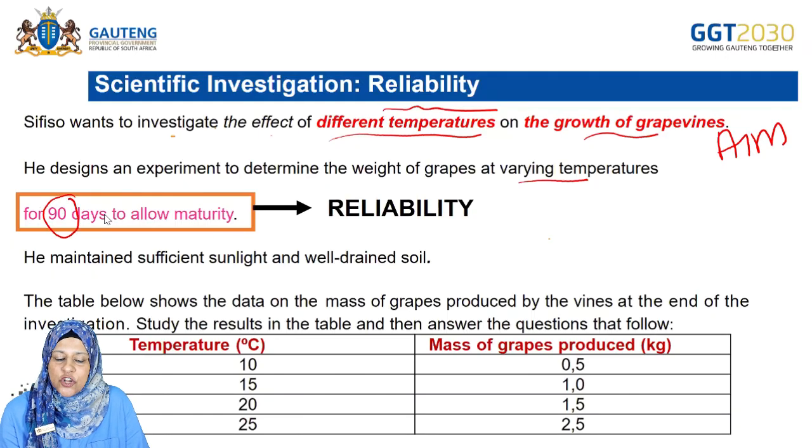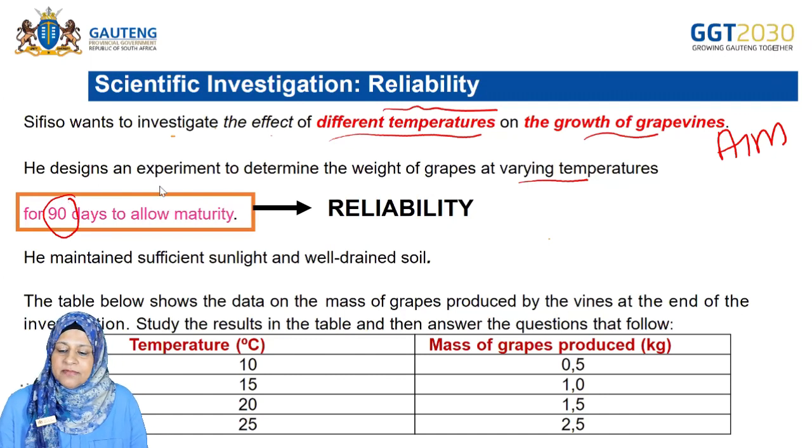Now, he is not doing this experiment for 1 day. He's not doing it for 1 week. He's doing it for 90 days. That tells us that he conducted the experiment over a long period of time. Therefore, it is a reliable result.